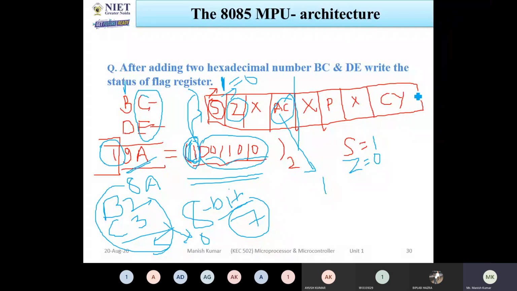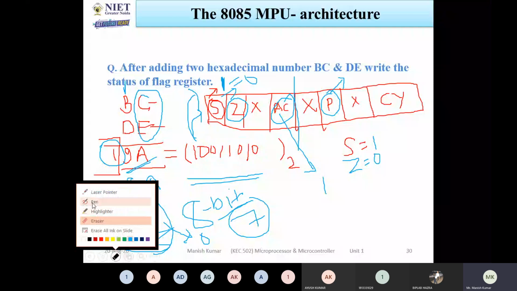Now comes the parity bit. What is the value of parity bit, P equal to what? Either 1 or 0. Parity flag will be set or reset.